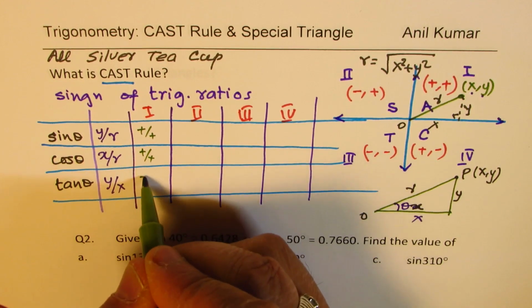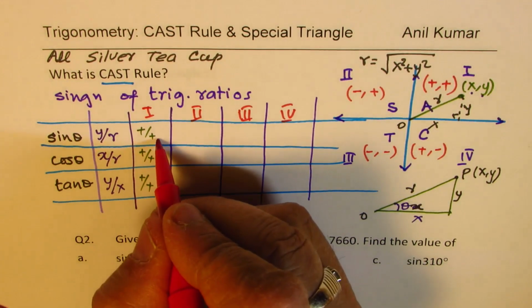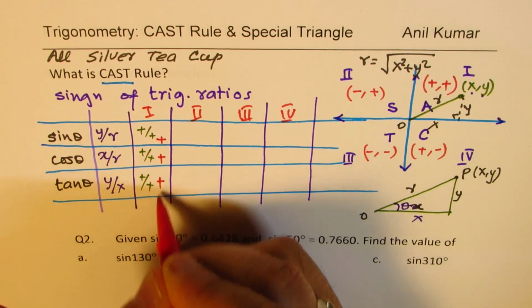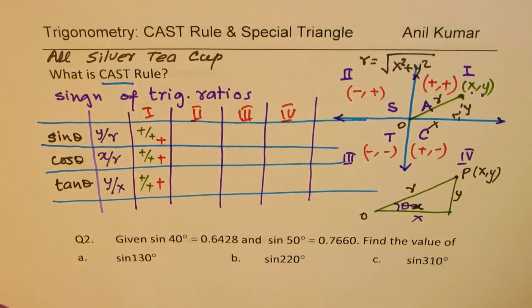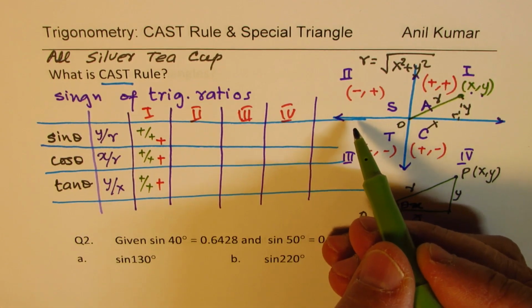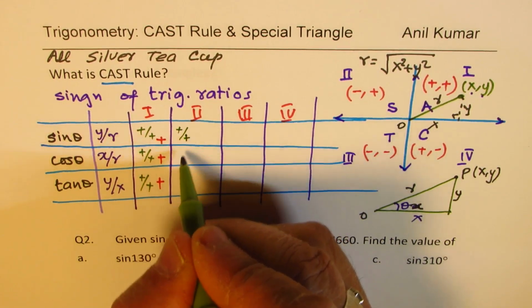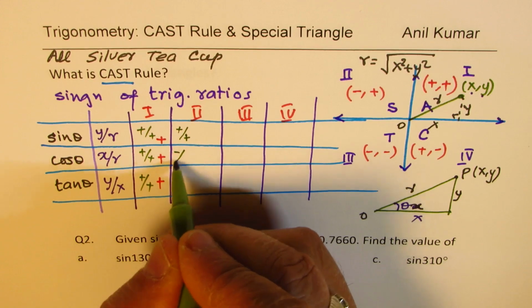So all are positive, correct? Obviously, you will get all of them as positive. But in quadrant 2, what really happens is that the x value becomes negative. So x is negative, others are positive. So we have a ratio of positive over positive for sine, but cosine becomes negative.